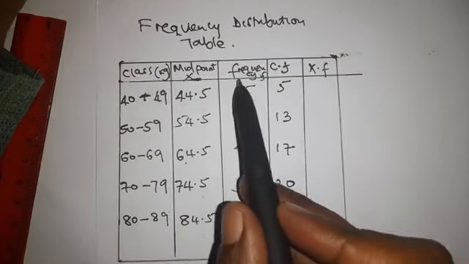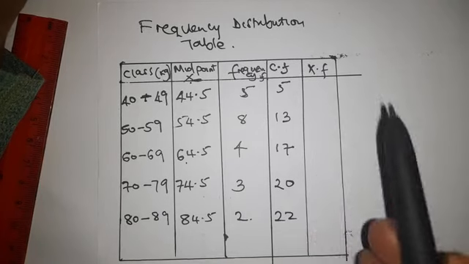Now, multiplication of f and x to get xf is a product.